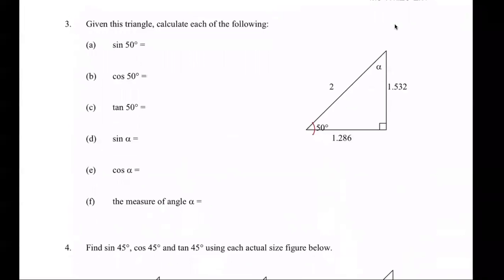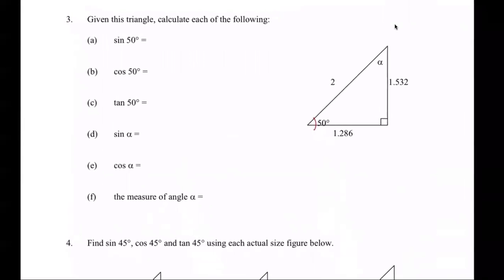When we use this 50 degree angle as the reference angle, the opposite side will be 1.532, right? And the adjacent side will be 1.286. And the hypotenuse doesn't change, right? It's always 2. But the opposite side and adjacent side depend on which reference angle we use, right?